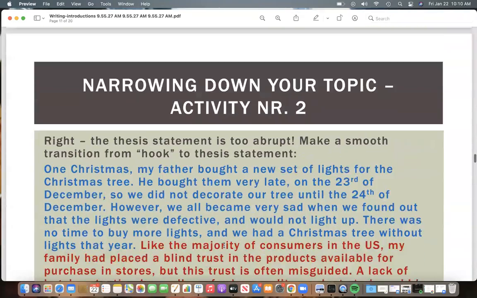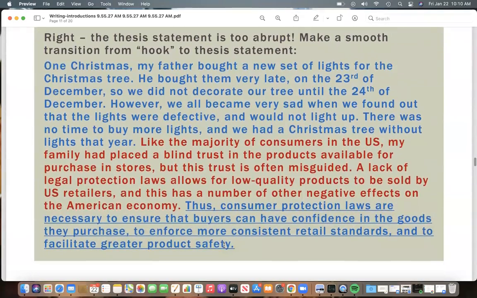So they can fix that by narrowing down a bit. And I will go ahead and tell you, this is a pretty long introduction, and I think that we could shorten it somehow. But it's a better introduction being longer, even if it's a little too long. It's a better introduction because it narrows down.